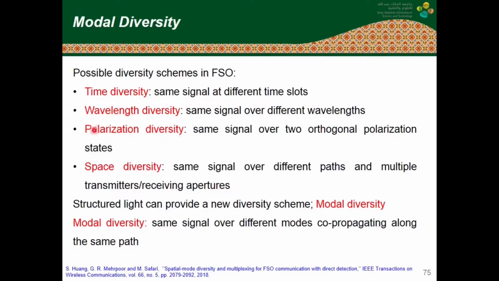We can also have polarization diversity by duplicating the information over two orthogonal polarization states. And finally, space diversity by sending the same signal over different paths and using multiple transmitters for the generation and multiple receiving apertures.